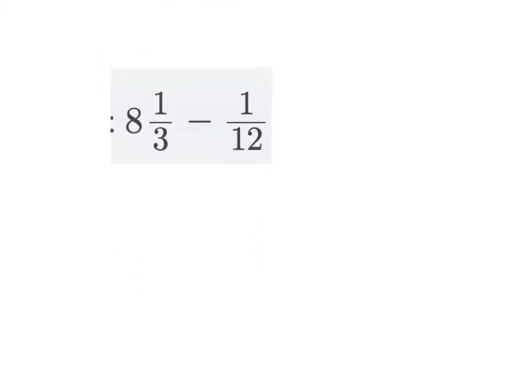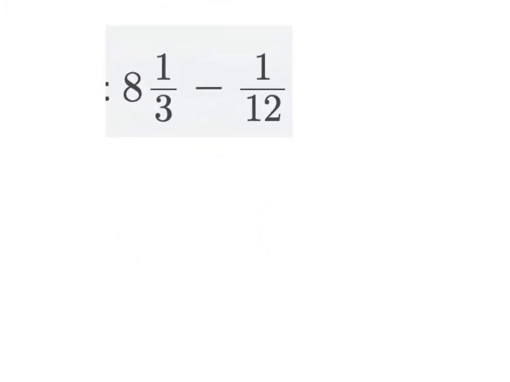Let's go on and check our next one here. What is my common denominator on this question here? That's right, our common denominator is 12. So I'm going to rewrite it with the 12. 3 times 4 is 12, so I do 1 times 4.